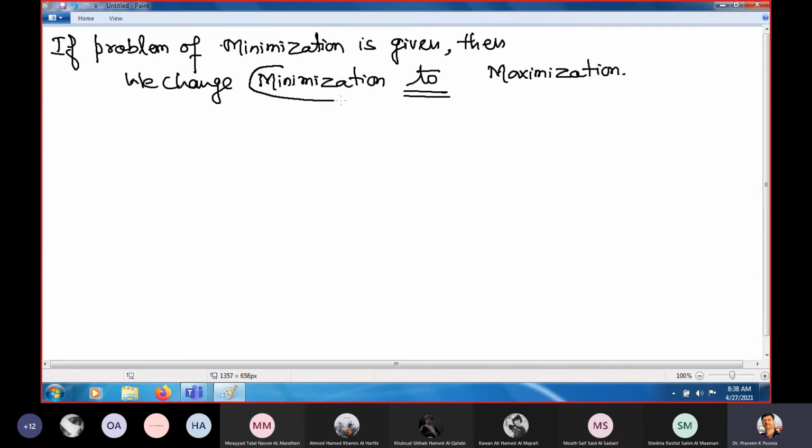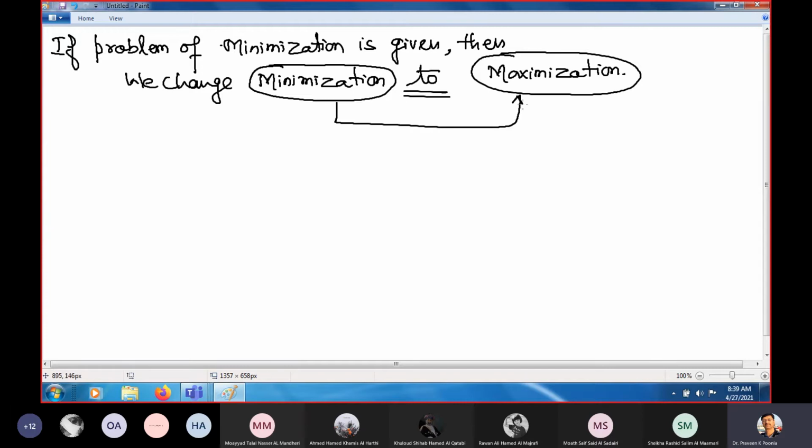We need to change minimization to maximization. This is clear. So there is no different method for minimization problems. Same method, only one extra step we are going to use here to change the minimization problem into a maximization problem.